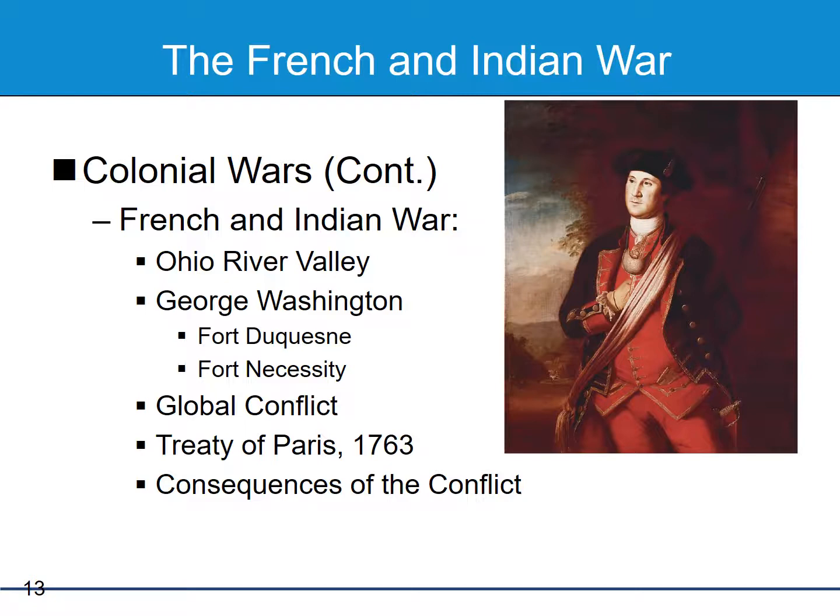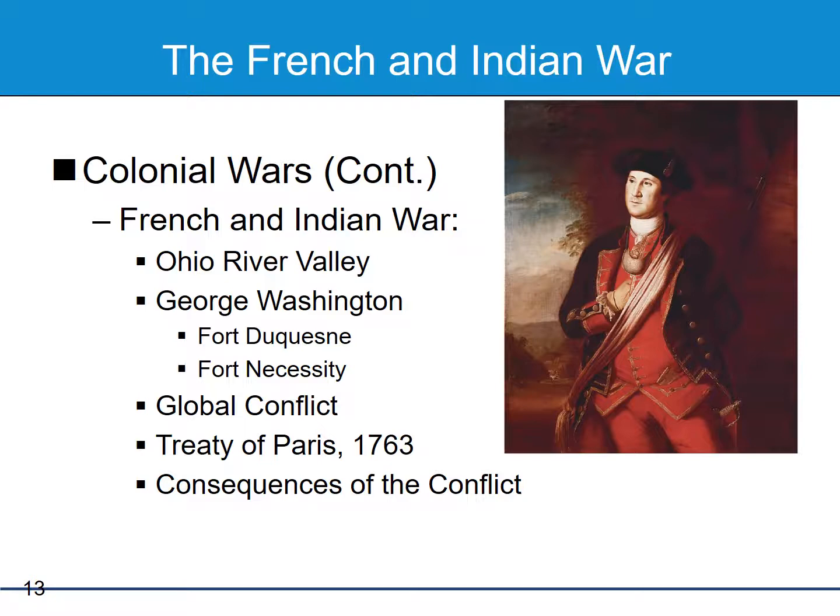He was allowed to leave the region, march his forces out of the Ohio Valley with the promise that he would not attack the French again in the Ohio Valley. Washington lived up to his promise. Now, he will attack the French again, but not in the Ohio Valley. And that is actually the beginning of the French and Indian War.